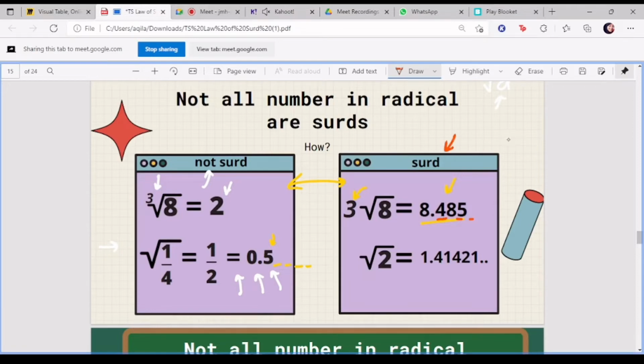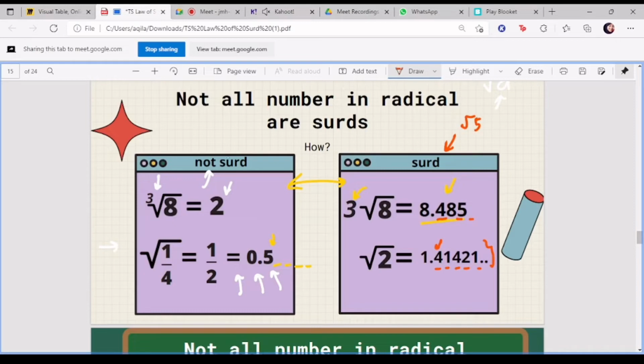Any number that produces unending decimals that are non-recurring. Non-recurring means non-repeated digits. For example, we do not have any repeating digits here, so it is called a surd. Can you provide me some examples of numbers that are surds? Yes? Root of 5. Root of 5.